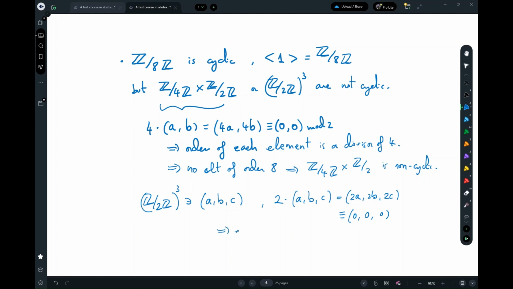So every element has order 1 or 2, and that implies that it is not cyclic because there is no element of order 8. So that tells me that Z modulo 8 is different from Z modulo 4 cross Z modulo 2, and different from Z modulo 2 cubed.